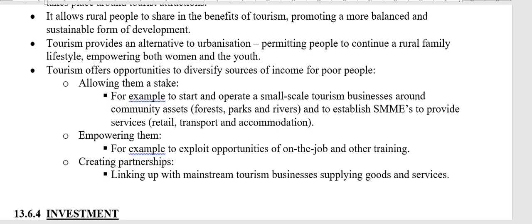If we can create opportunities for especially women and young people in the rural areas, there's no need for them to move into the city to find a job, because there aren't enough jobs for everybody. They think they're going to have a better life in the cities and they don't always, because there's more jobs, yes, but not enough jobs for everybody. So it does provide an alternative to urbanization, where people can remain in the rural areas and we bring the opportunities to them.